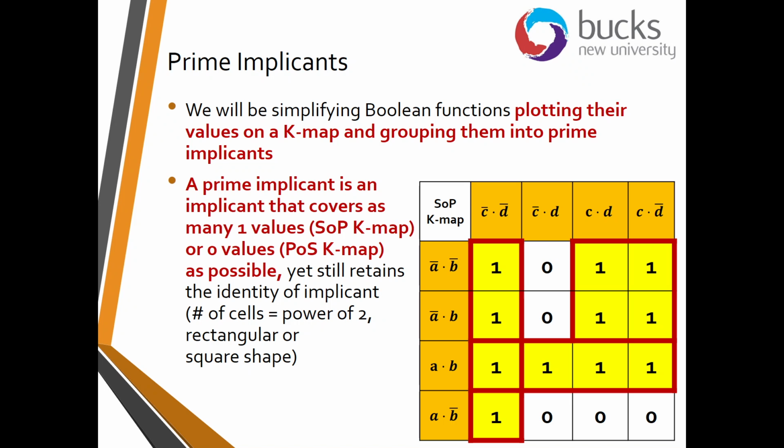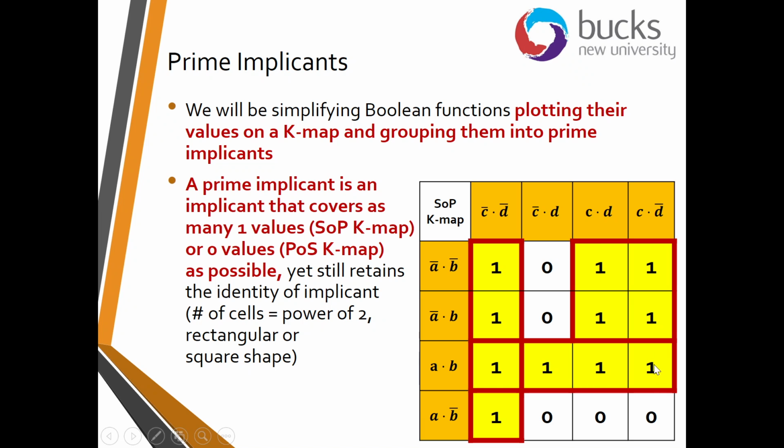When you put cells together in a group, you've got to still be within a rectangular or square shape, which represents the power of 2. So here we've got a rectangle of 4 ones. This is a prime implicant group of 4. Here we have 4 ones, which is a prime implicant group, a rectangle of 4. And here we have a square of 4, which again is a prime implicant group.